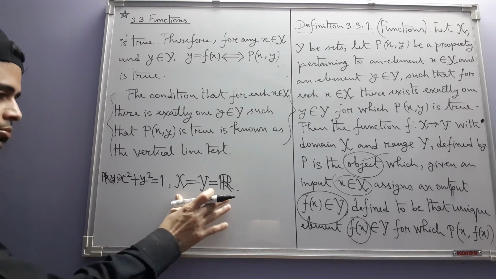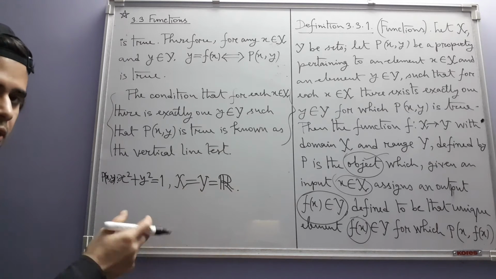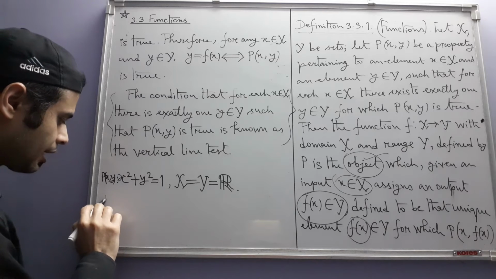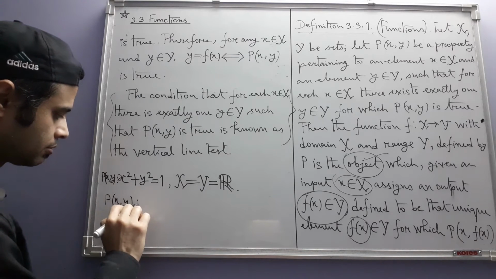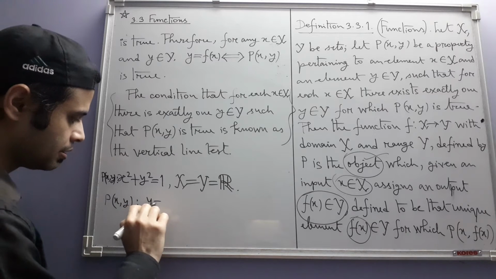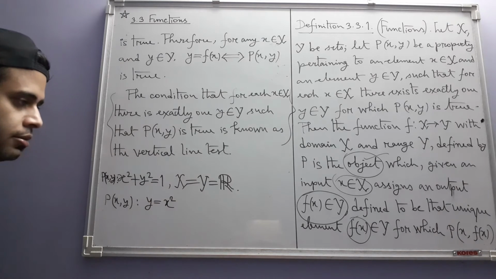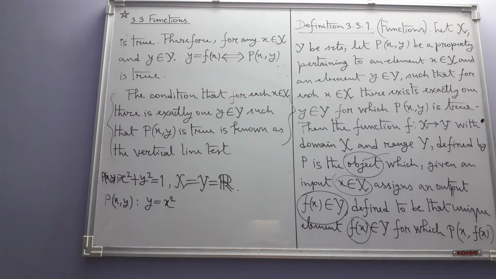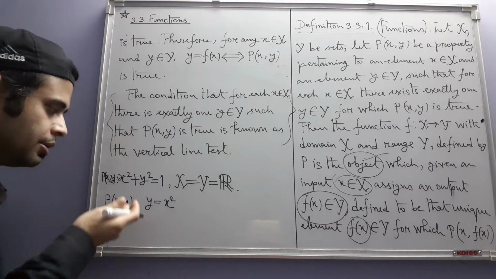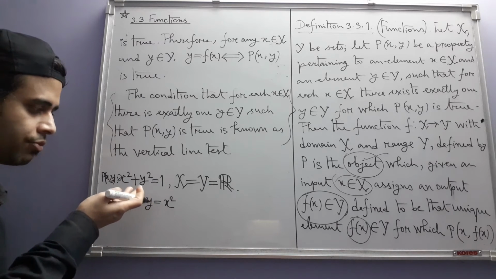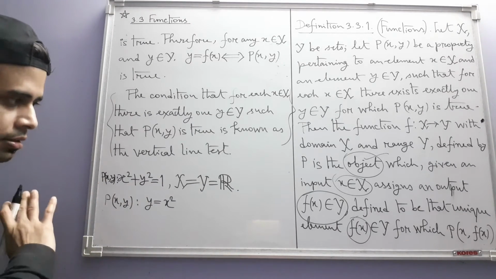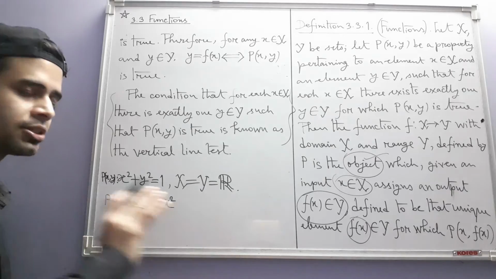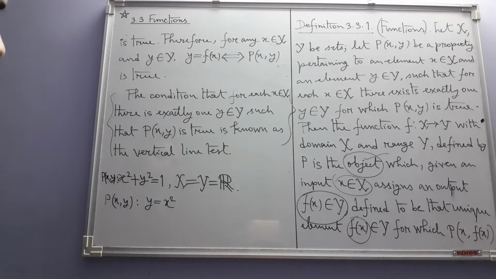At the same time, with X and Y again R, I can have another P which looks like this: y is equal to x squared. Now in this particular case, as you already know, there are figures which correspond to these equations in the two-dimensional Cartesian plane.